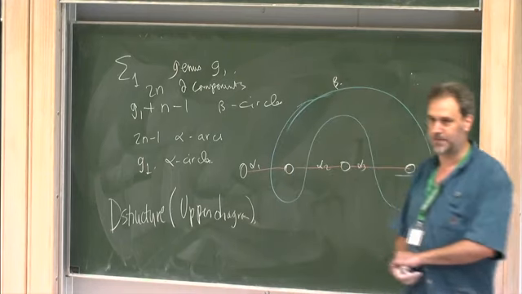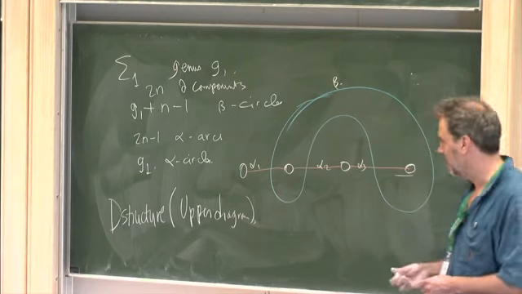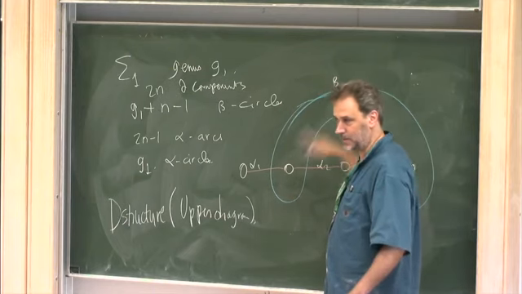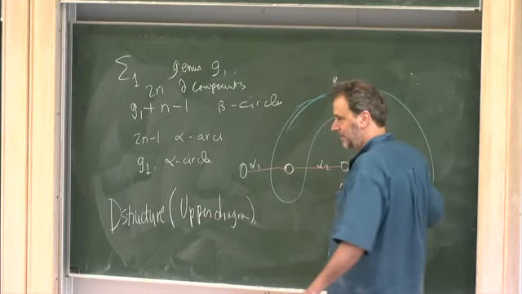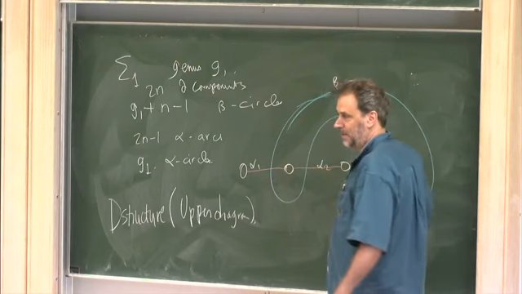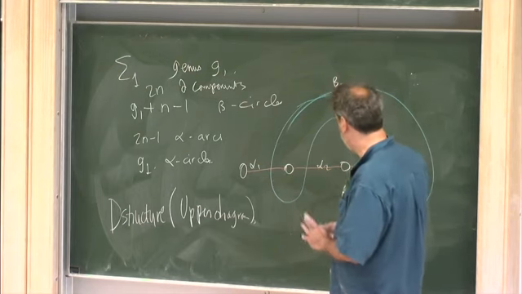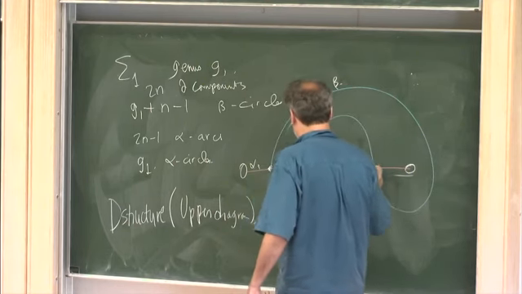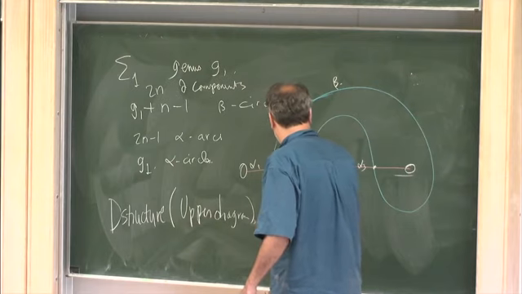The generators of this module, the vector space, is generated by intersection points between this beta circle and this big alpha arc that you get by assembling all those pieces together. So that is to say, there are these 3 generators, A, B, and C.